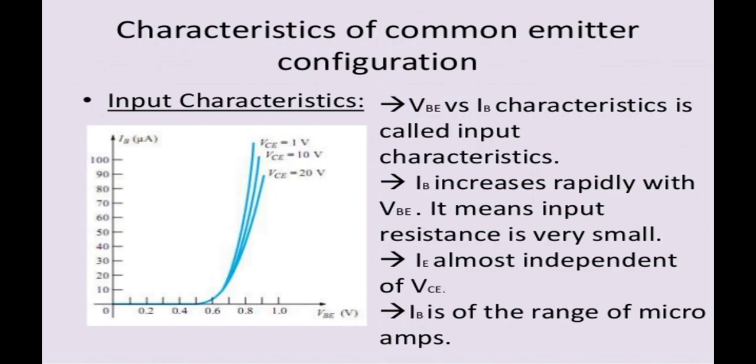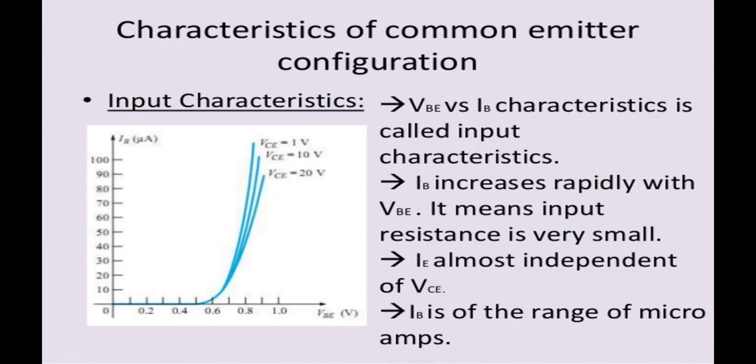This is the characteristics of common emitter configuration. The input characteristics: VBE, the emitter base voltage, versus base current. The y-axis indicates the base current, which is always in microampere, and the x-axis shows the emitter base voltage.